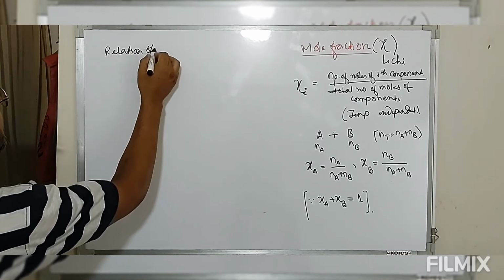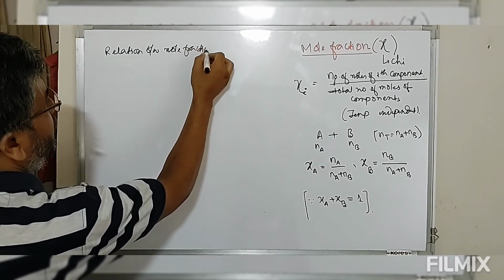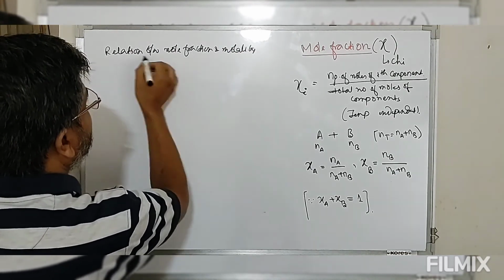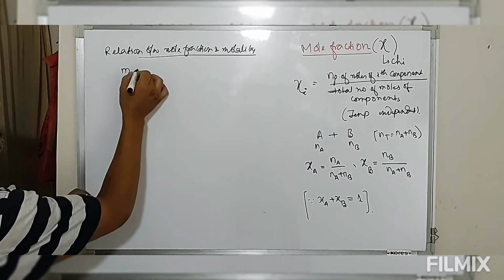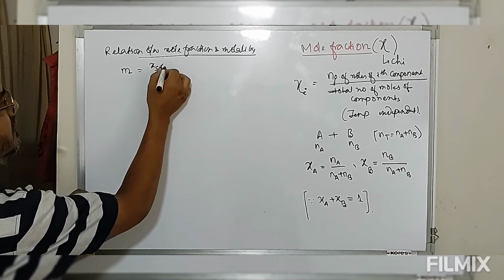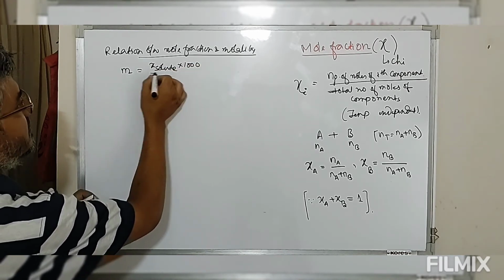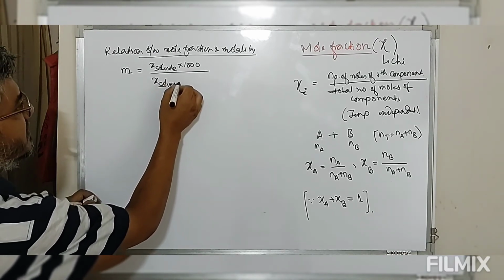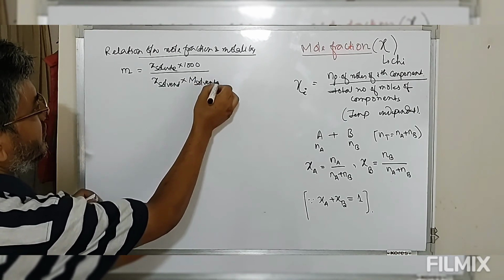A relation between mole fraction and molality. Molality is equal to mole fraction of solute into 1000 divided by mole fraction of solvent into molar mass of solvent.